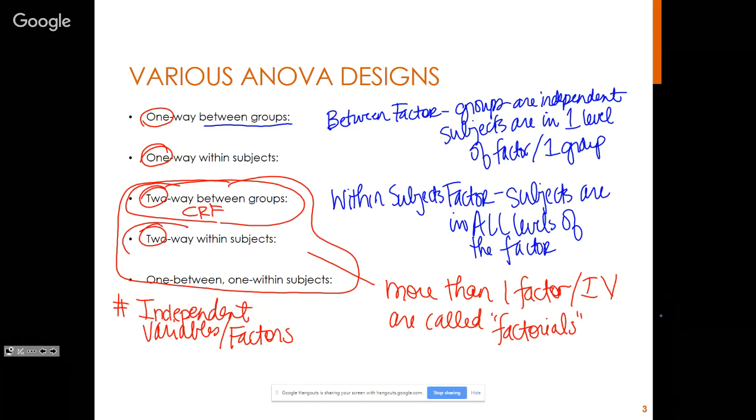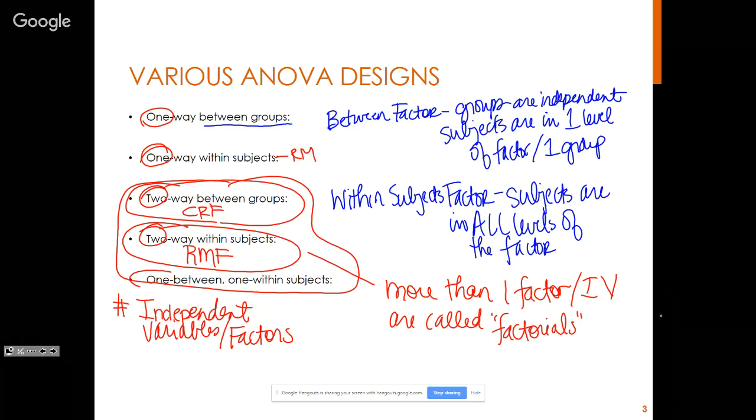What do you think you would call this two-way within subjects? Yeah, a repeated measures factorial design. Good. So the one way within was our repeated measure, but when we have multiple within subjects factors, it's a repeated measures factorial.